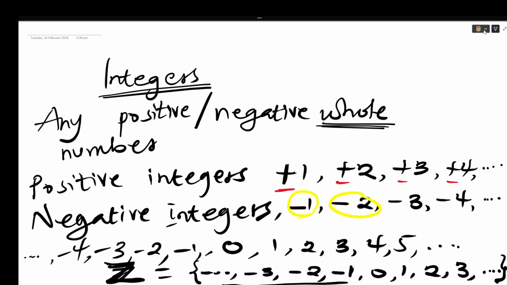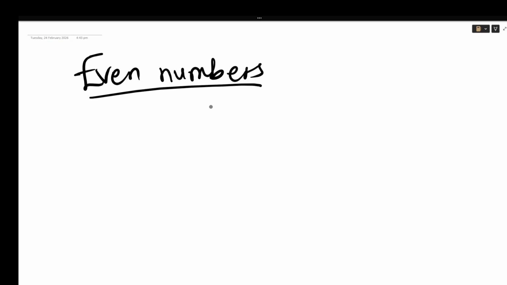With that being said, we move on to the next definition. Let's start with even numbers. We are all familiar with the definition of even numbers. These are numbers that when you divide by 2 will leave a remainder of 0, or numbers that you can divide by 2 exactly.